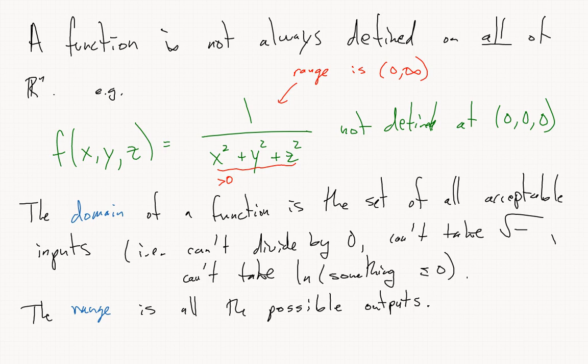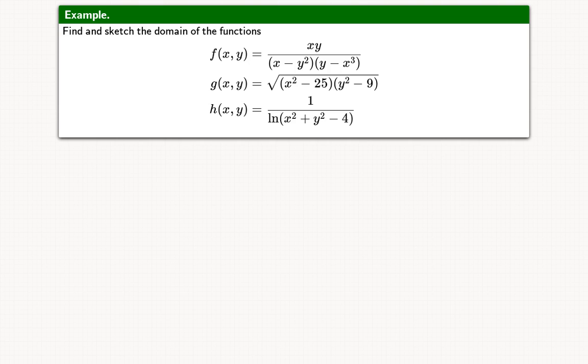So now let me do a few more examples. For instance, let's find the domains of these 3 functions and then sketch those domains. So for f, we can't divide by 0, so we need x minus y squared not equal to 0 and y minus x cubed not equal to 0.